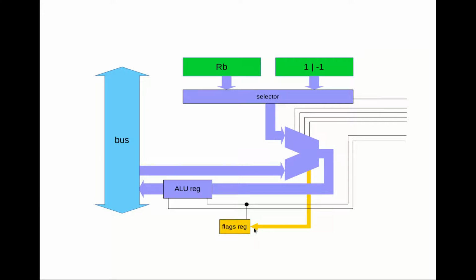And in our computer we have 4 different flags. And the zero flag, for example, simply says if all the bits of this result are 0. And that allows us, for example, to compare equality. So if we perform a subtraction of 2 values and the result is 0, that means the 2 values were equal. So that's a very useful flag which the ALU can provide.